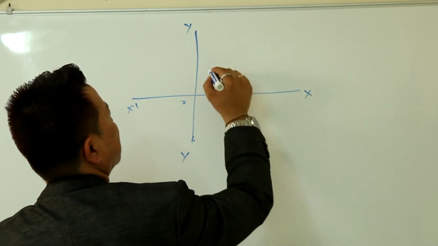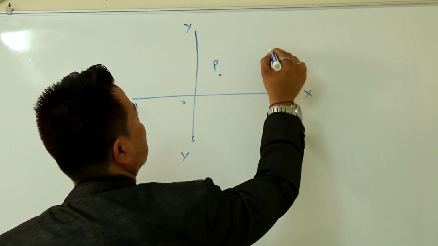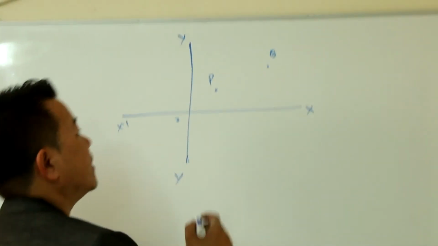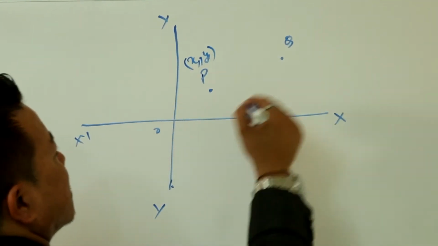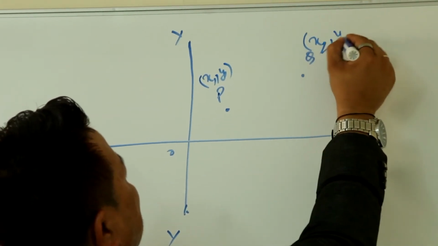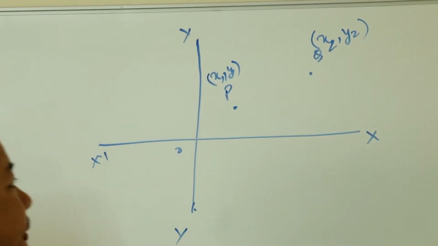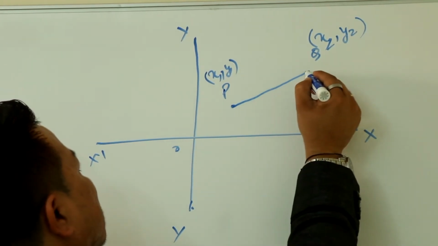This is point here, P, and this is point here, Q. And the coordinates of P is x1 comma y1, here x2 comma y2. And we join these 2 points.